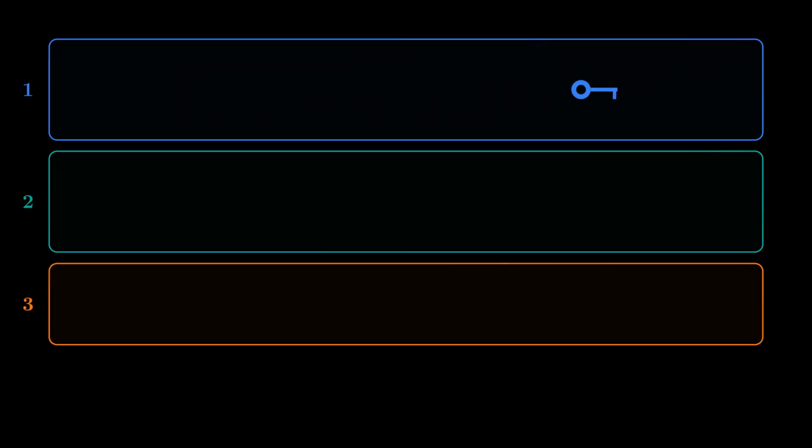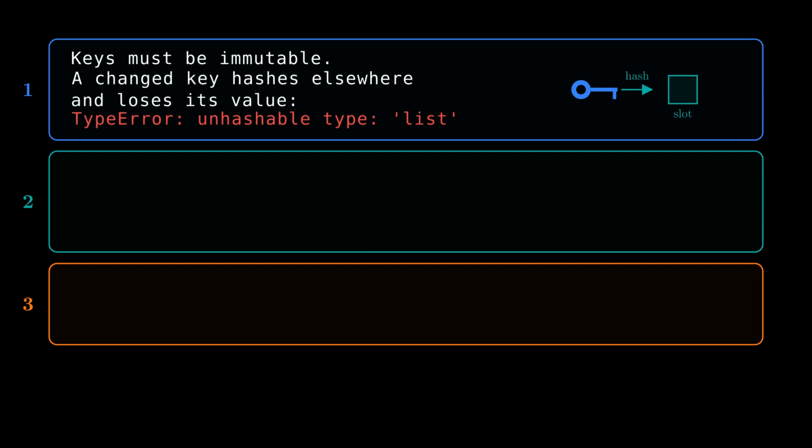3 ideas tie this together. First, a dictionary stores each value at a slot chosen by hashing its key, then rehashes the same key to find it again, so if the key could change, its value would be lost, which is why keys must be immutable.